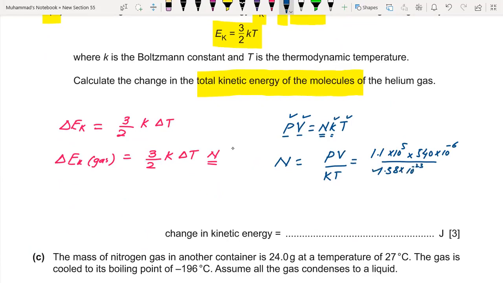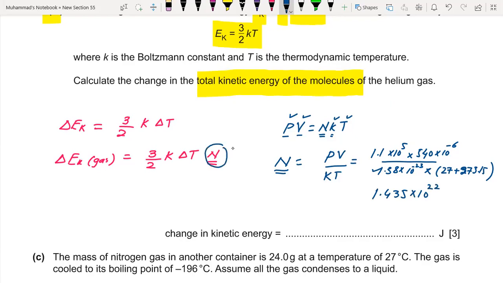This is given in the paper front sheet. Multiply by temperature. Temperature is 27 plus 273.15. So you will calculate the number of molecules from here, that is around 1.435 times 10^22.